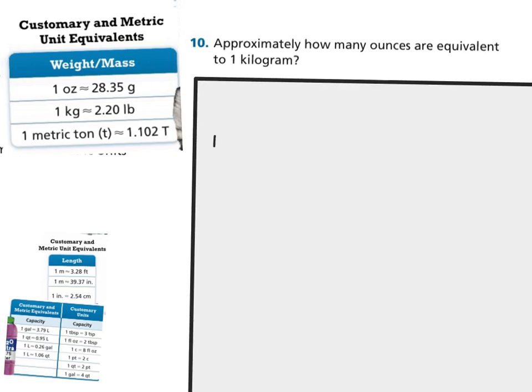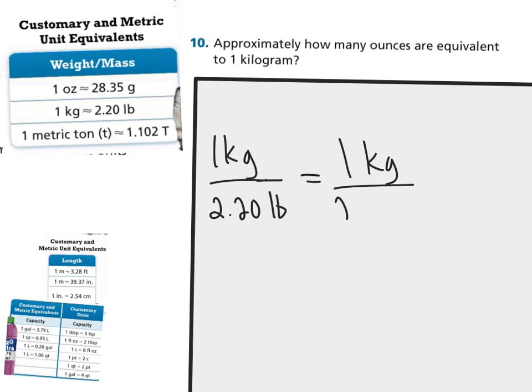So if we know 1 kilogram is 2.2 pounds, basically this one's a little bit different because we already actually have it. We're used to doing these conversions, like it would say how many ounces are equivalent to 5 kilograms or something. It is just 1 kilogram, so we actually really already have this conversion.